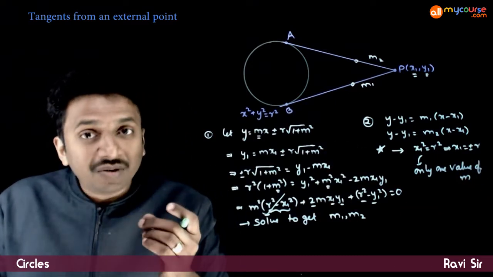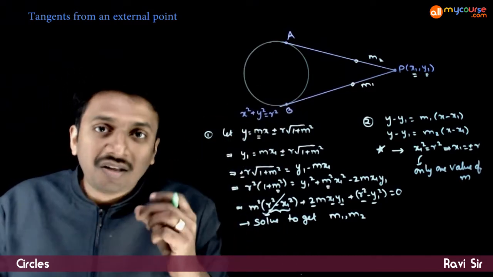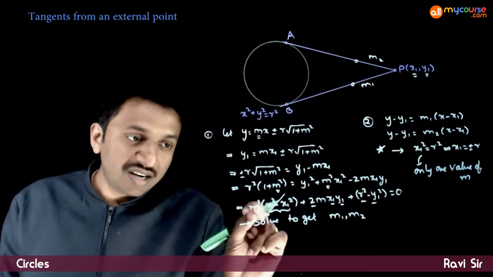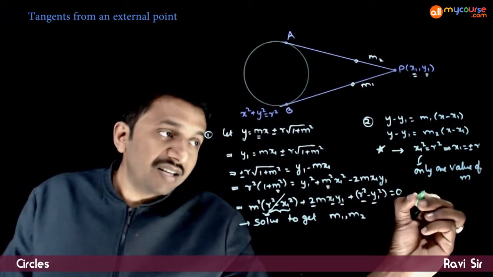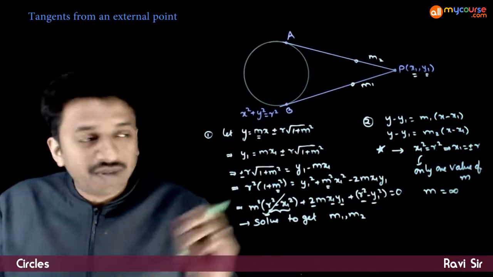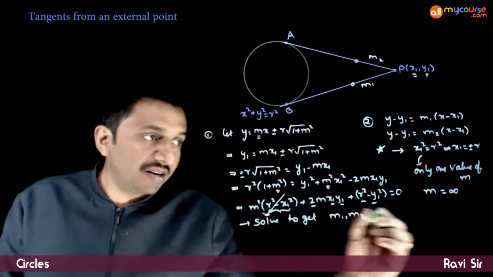That does not mean that you have only one tangent, because from any external point you can draw two tangents. If the m² term is cancelled, the other value of m is infinity. It means one of the tangents becomes vertical.